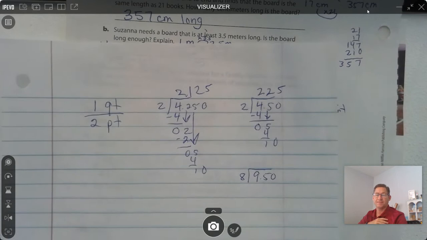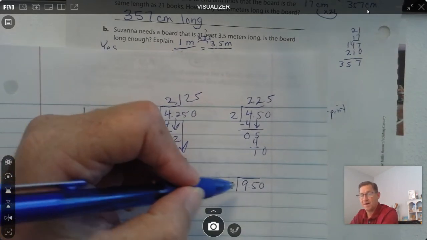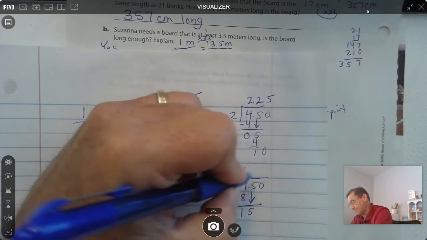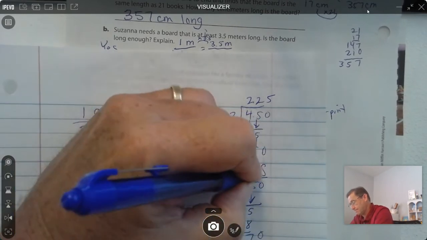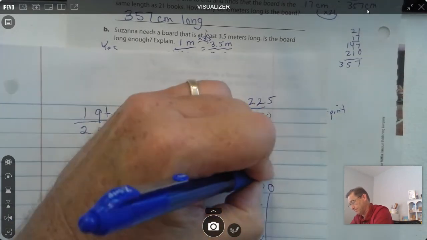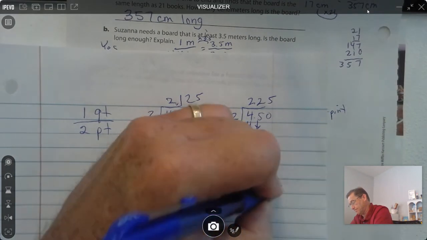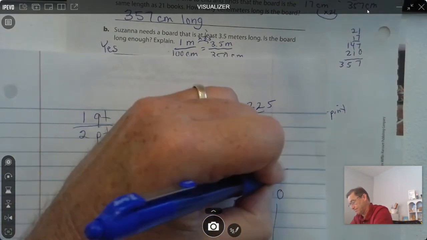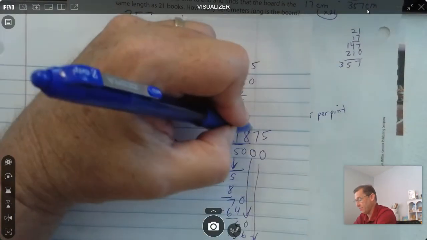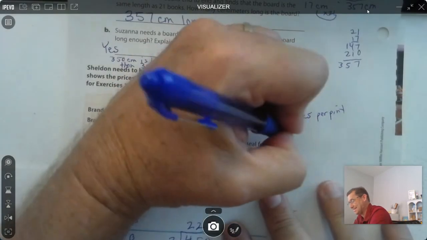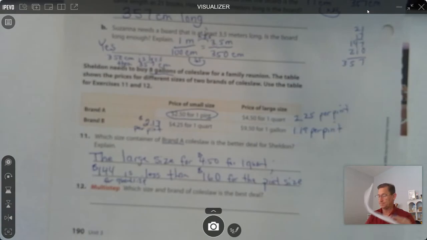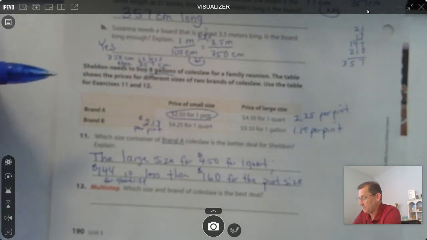Okay, so 1.1875, if we round up, it would be $1.19 per pint.